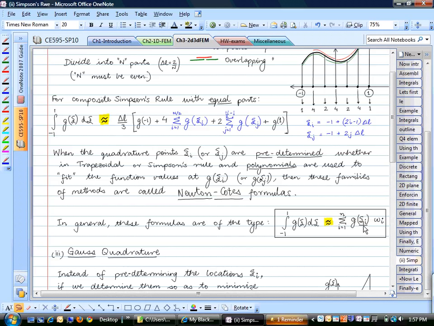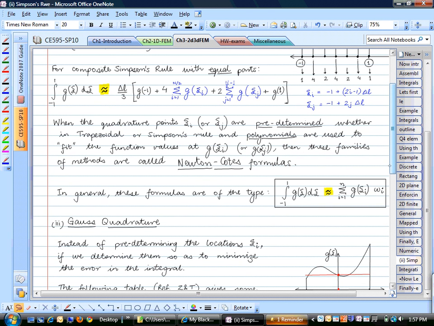But if we choose the locations also to be variable and the weights also to be variable, then for each quadrature formula we will have 2n parameters. If we choose n points, we will have 2n free parameters, the location C and the weight that goes with it. With 2n parameters, you can fit a polynomial of degree 2n minus 1 exactly.